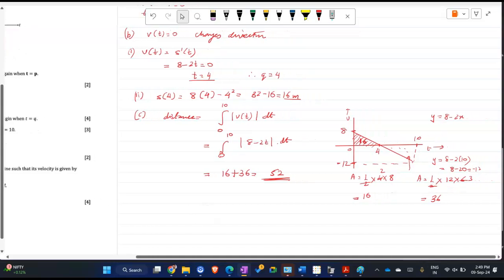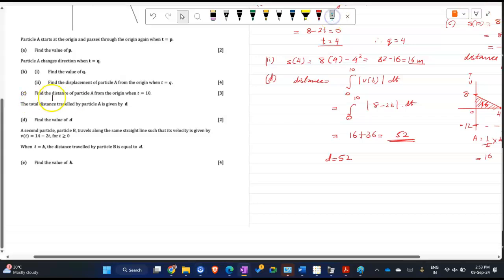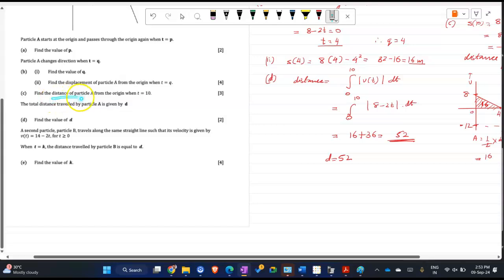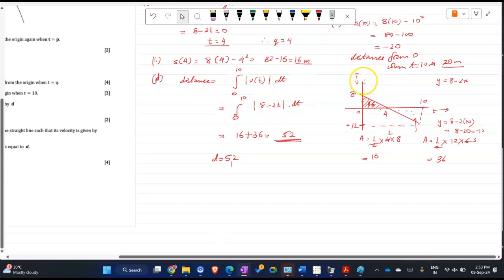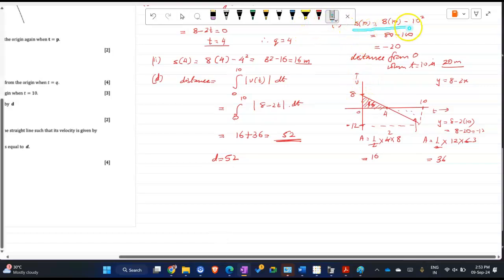Remember, when they say distance of A from the origin, the distance from the origin is basically the displacement, or its modulus. You find the displacement first. The distance from the origin is 20 meters on the left; minus means it's on the left.